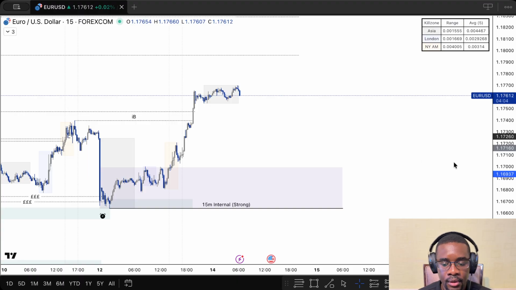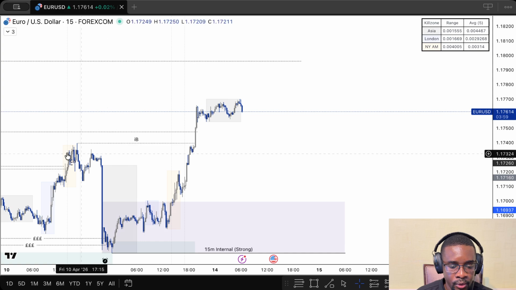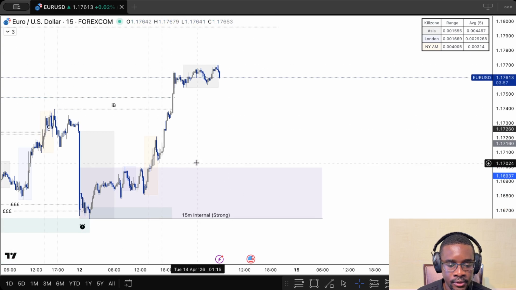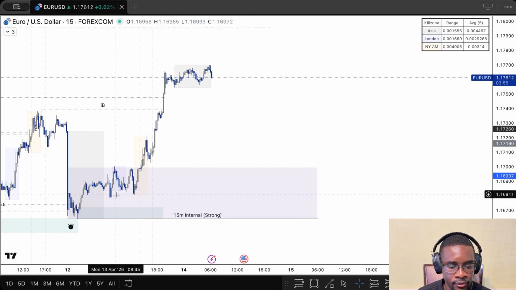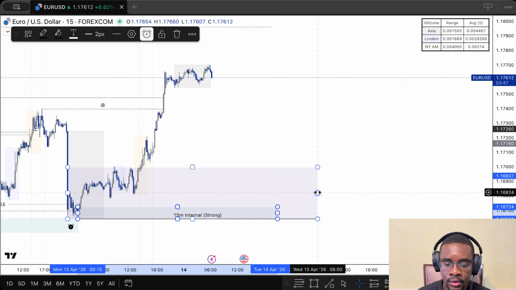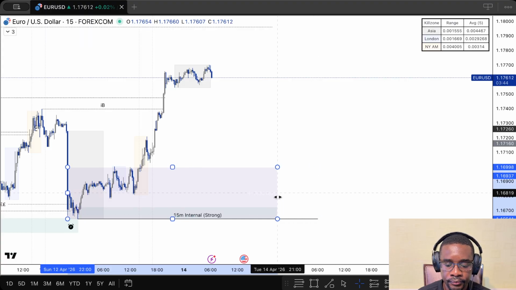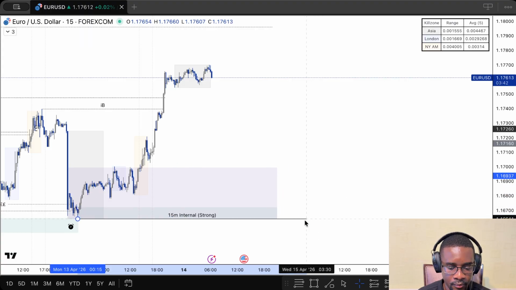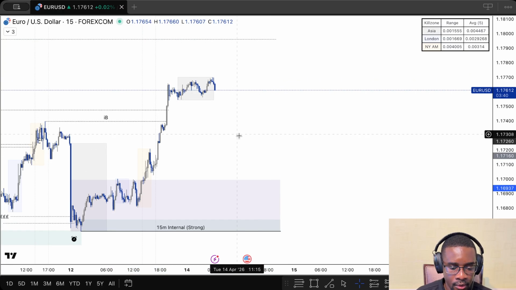Alright, so we had our break of structure, and then this is the range that we're in. This is our 4-hour demand. This is our extreme. That is our extreme.